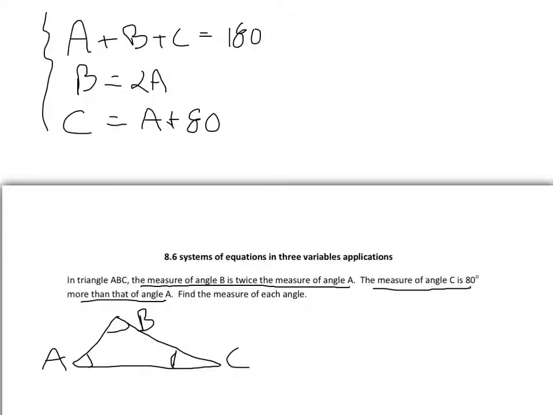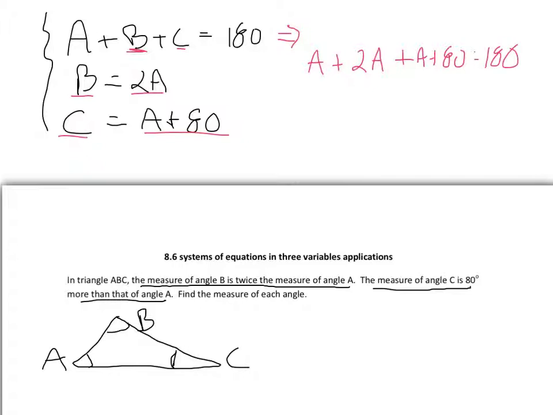We have our unknowns. Now, as opposed to the ones we were doing before, this is screaming substitution. Because notice right here, if B equals 2A, we can put 2A right here. If C equals A plus 80, we can put A plus 80 here. So we can rewrite this first equation using substitution as A plus 2A plus A plus 80 equals 180.